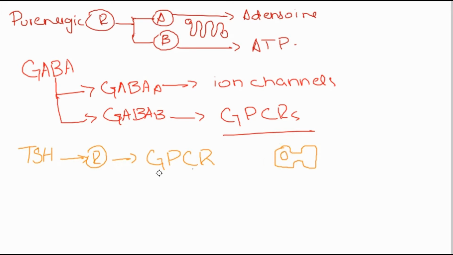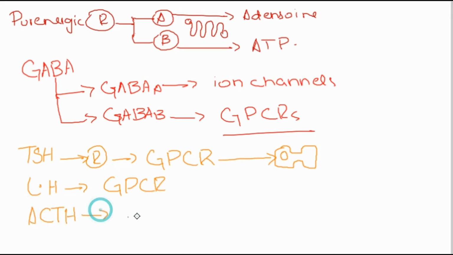The thyroid gland contains receptors for thyroid stimulating hormone. These receptors are also G protein coupled receptors. Now, luteinizing hormone also works on G protein coupled receptors, same as adrenocorticotrophic hormone.